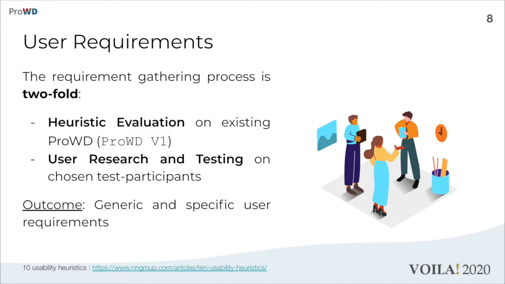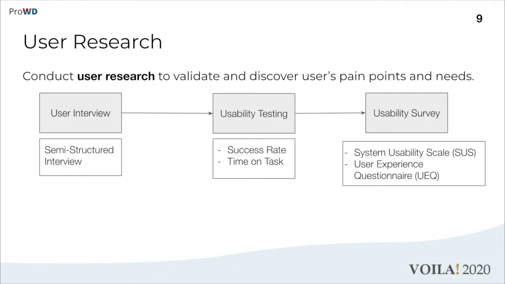As Proud has existed previously, we can gather some generic requirements by doing a heuristic evaluation using the 10 usability heuristics on Proud version 1, while also, to acknowledge our target users, we did a user research and testing session with the chosen test participants to gather more specific user requirements.